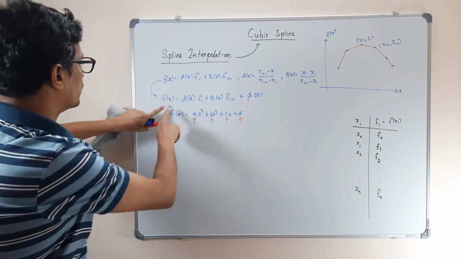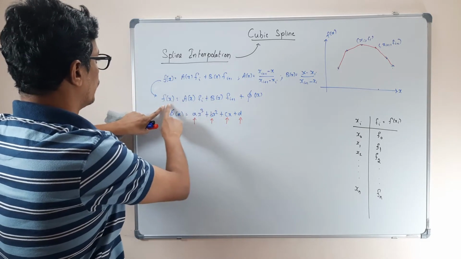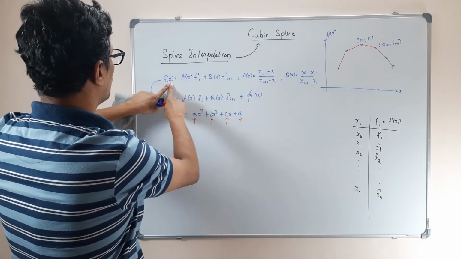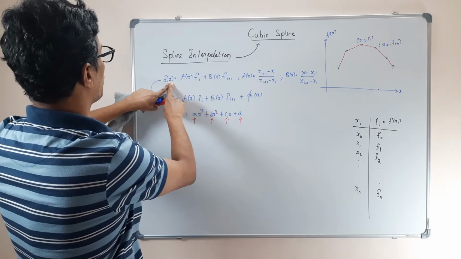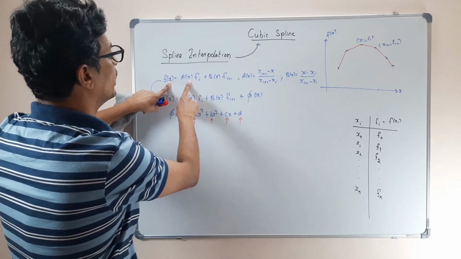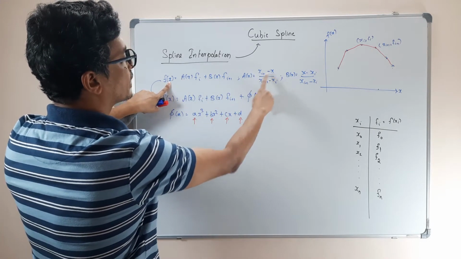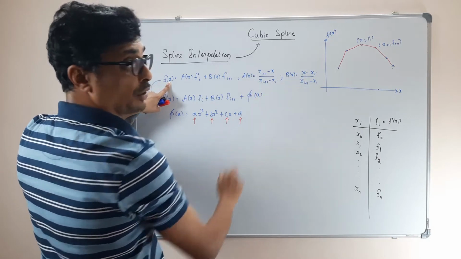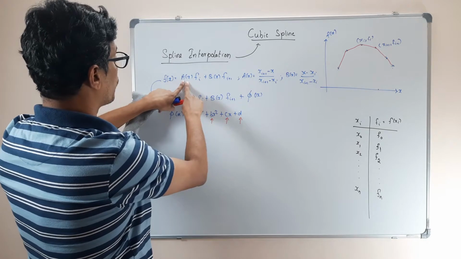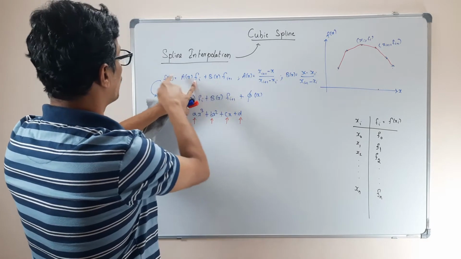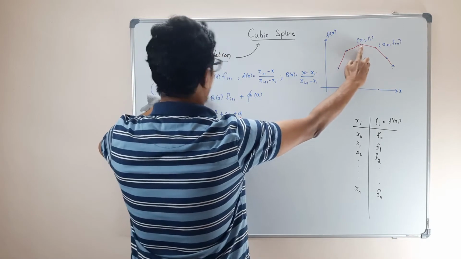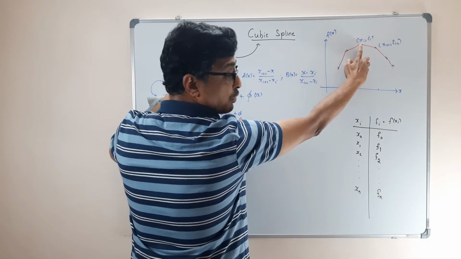One simple step I can do is, if you put x equal to xi in this f of x, a of xi becomes 1 and b of xi becomes 0. So this becomes fi, this becomes 0, so f of xi equals fi, which is what we want.